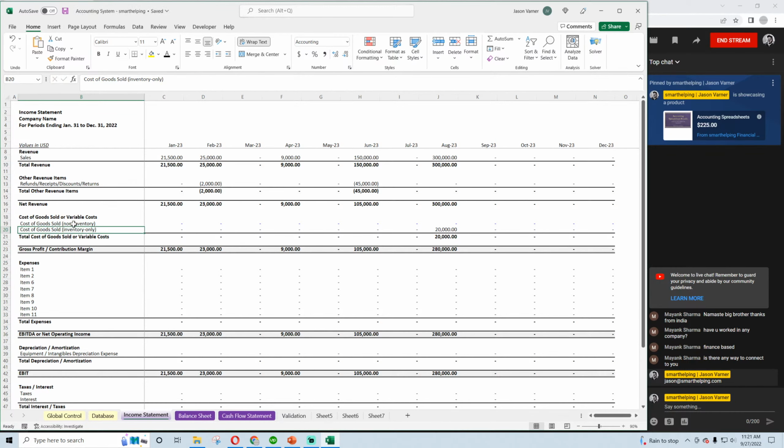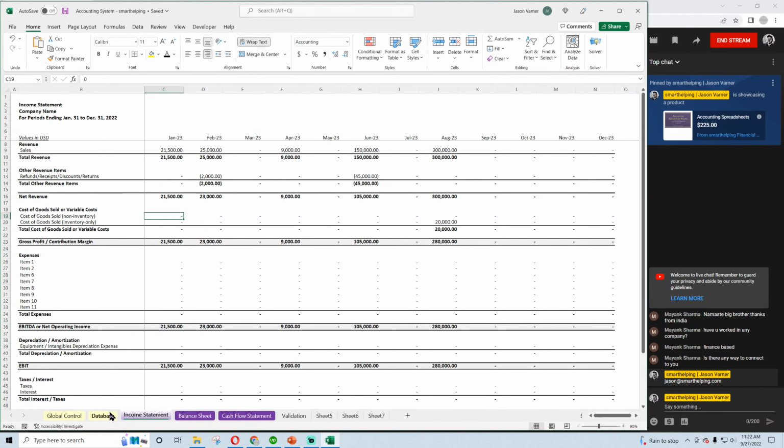So this would be anything like, let's say, Amazon Web Services, if you're a SaaS company and you need to pay for hosting to provide your subscription service, stuff like that. So those items happen directly one time here, so the journal entry is the cost of goods sold goes up, which reduces net income.